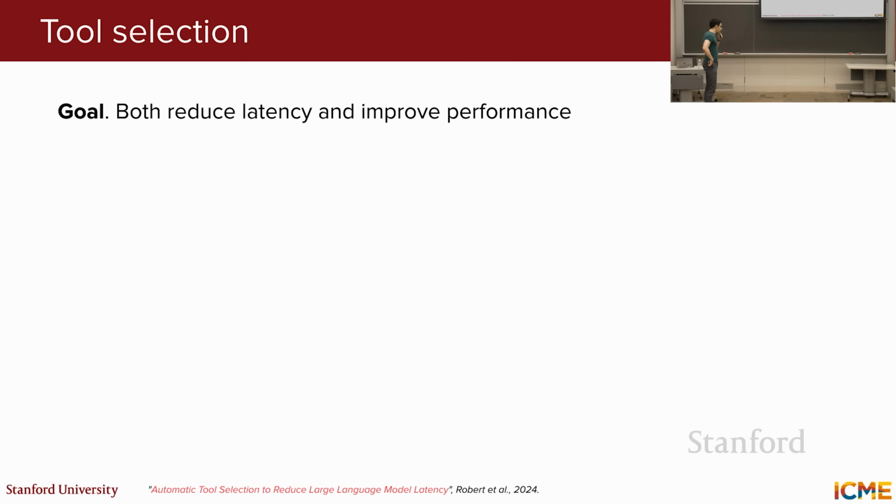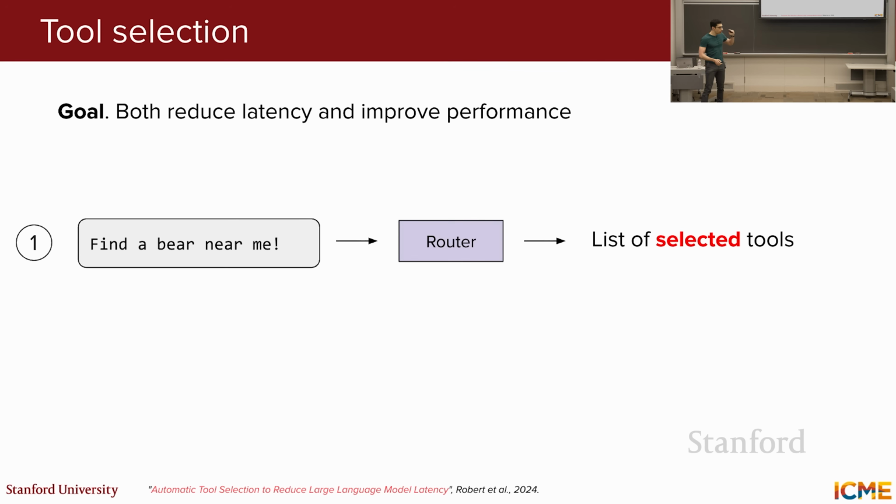So let's see what we could do in order to make tool use more scalable. I'm going to cite here a technical paper from Google DeepMind, which uses a tool selector system. It functions in two steps.